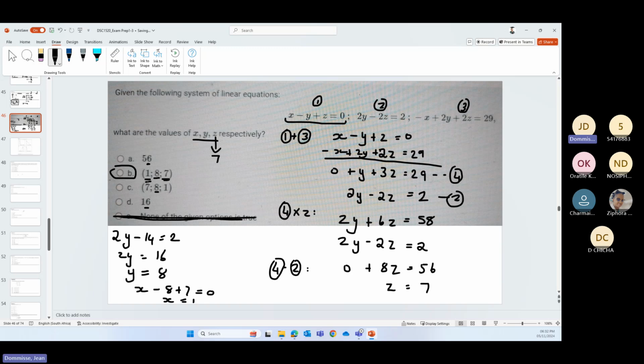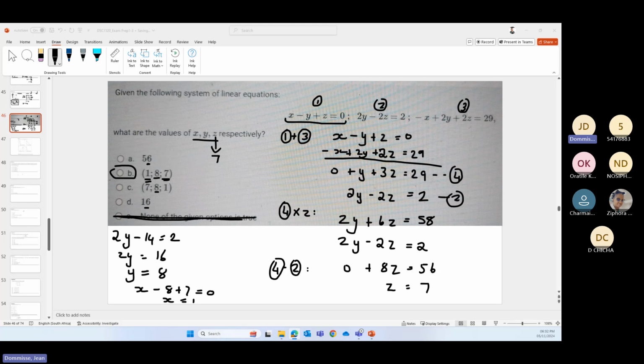I know some of your calculators can do it. What I also always use to just check my answers is a linear equation calculator.